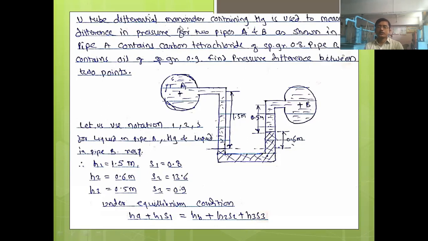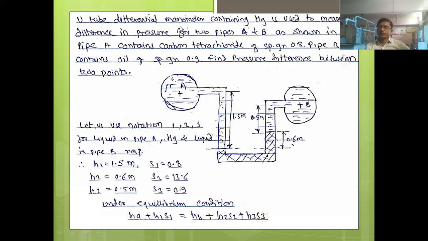The manometric fluid is mercury, and we know the specific gravity of mercury is 13.6. Therefore, S2 is equal to 13.6. The liquid present in pipe B is oil having specific gravity 0.9. So S3 is equal to 0.9.